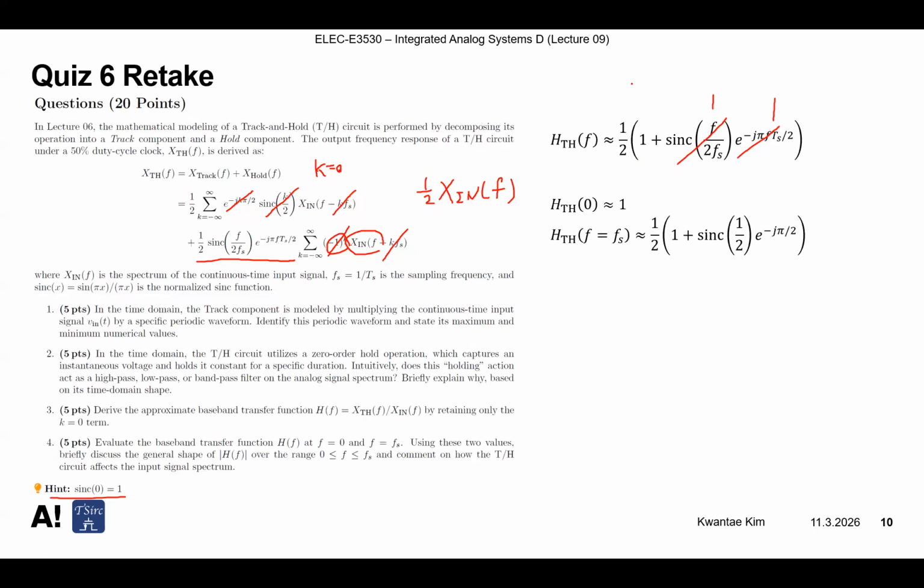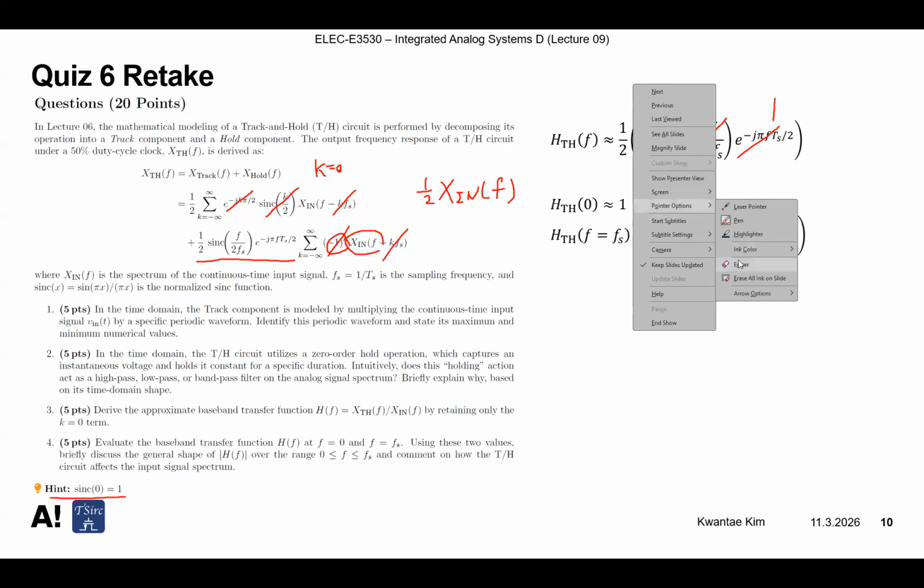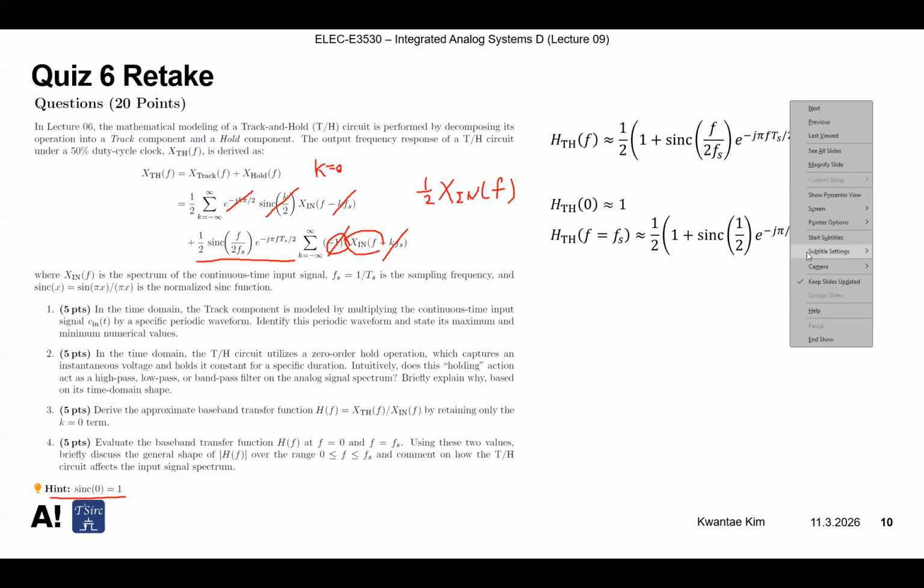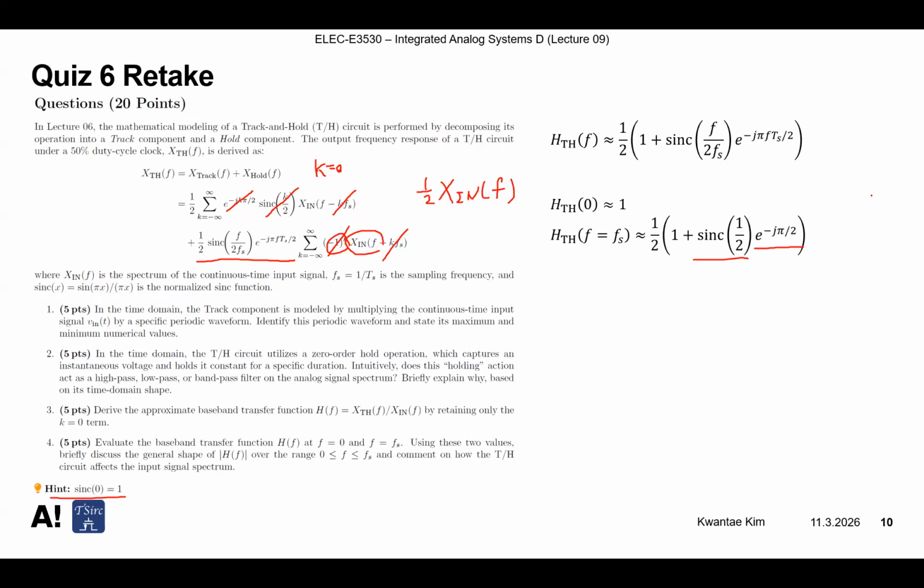And for f equal to Fs, which is the sampling frequency, we can plug in f equal to Fs, and that goes to sinc(1/2) and e to the power of j pi over 2. We can solve these two terms one by one. For the sinc part, we plug in sine(pi/2) over pi/2, and sine(pi/2) is equal to 1, right?